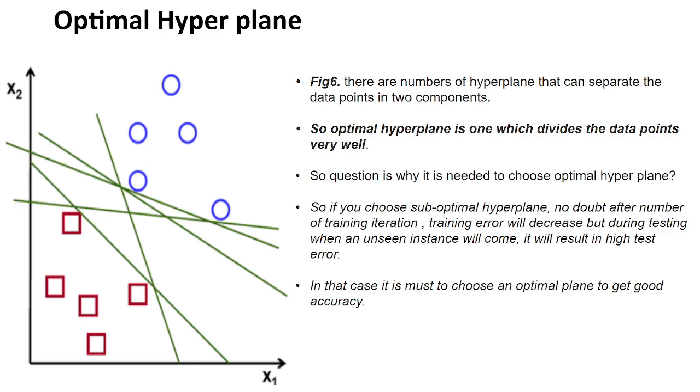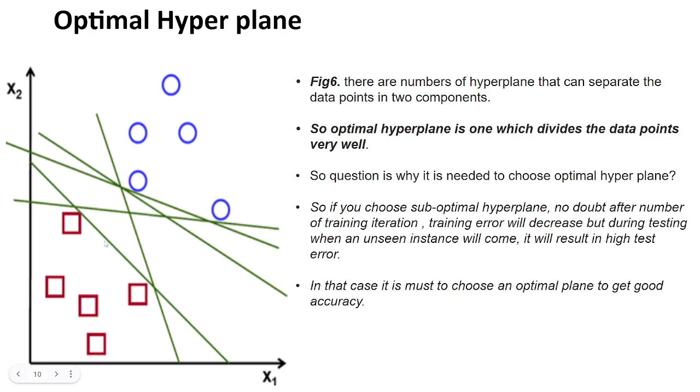So, the optimal hyperplane. There are a number of hyperplanes that can separate the data points into two components, and the optimal hyperplane is the one which divides the data points very well. Here we can see how the data is separated with this hyperplane, where the labeled data is separated, and we try to fix the line that best separates these two data sets.